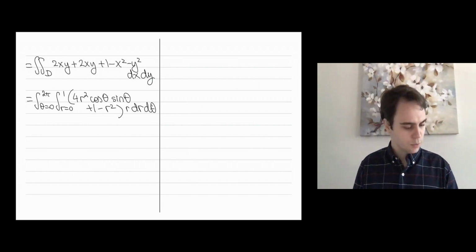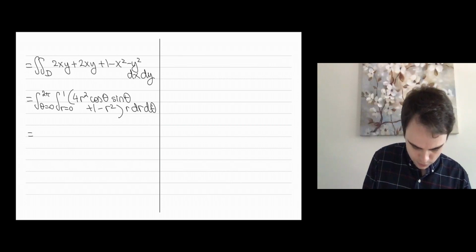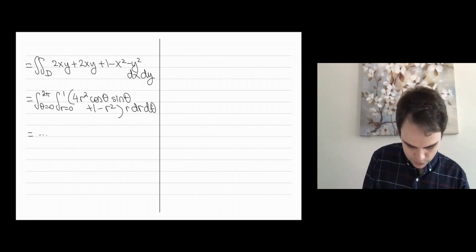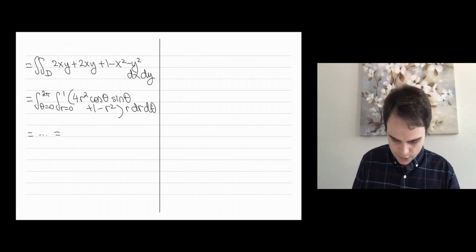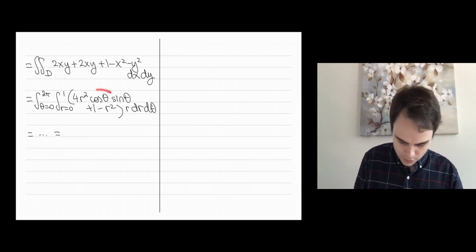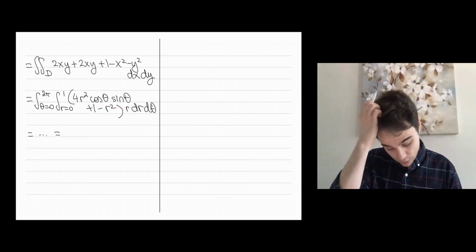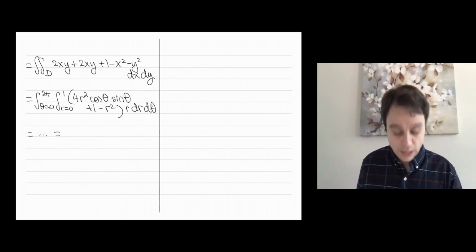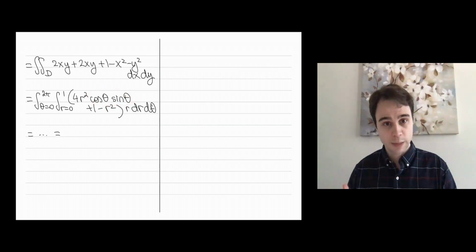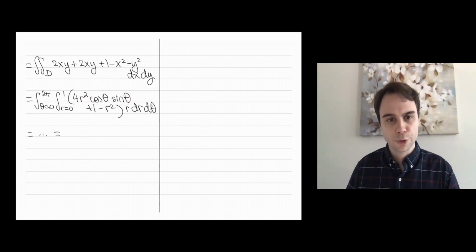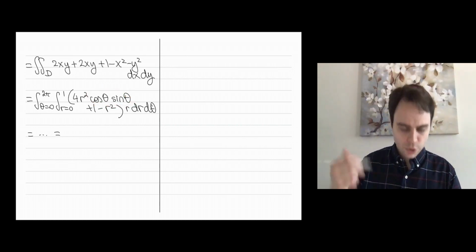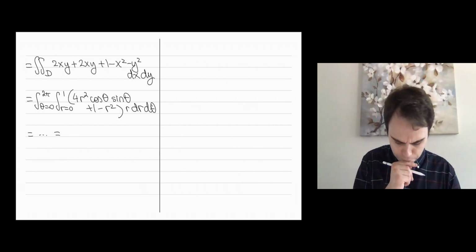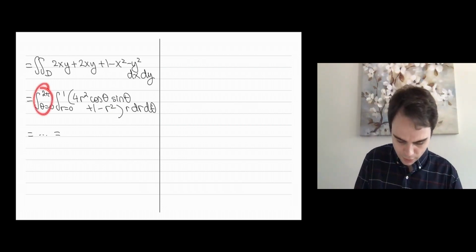And I guess this is where I'll leave you, so you can work this out. Actually it's better to bring this to the front. Cosine is the derivative of sine, so this part over here integrates with respect to theta to sine squared over 2, evaluated between 0 and 2 pi, and that'll die out.